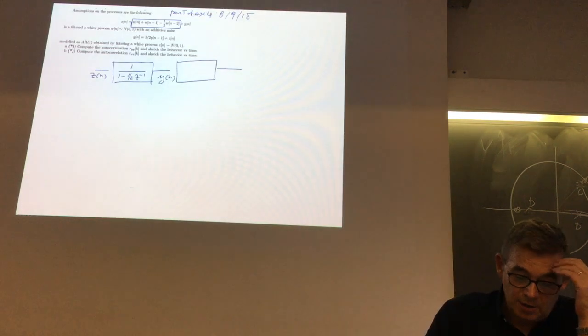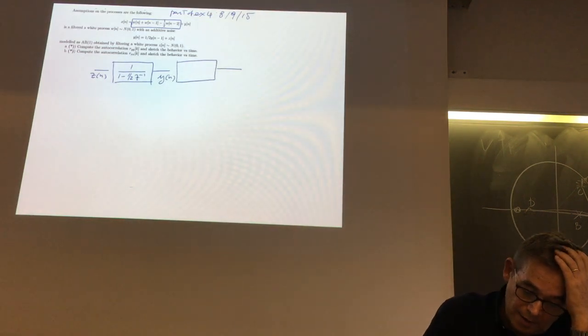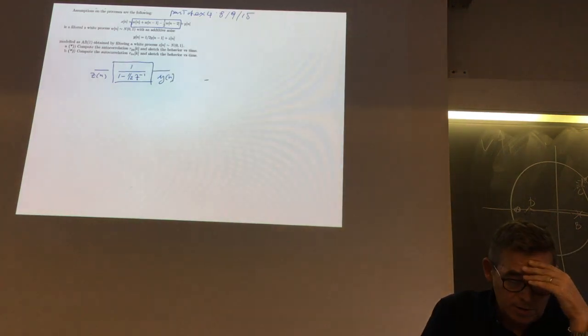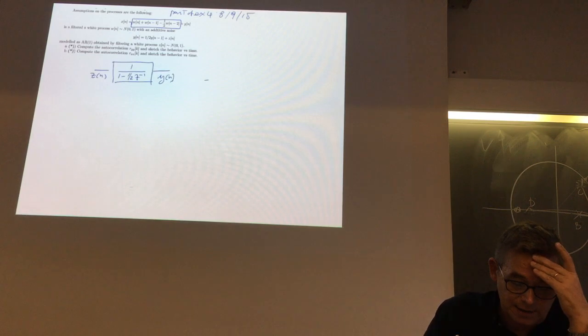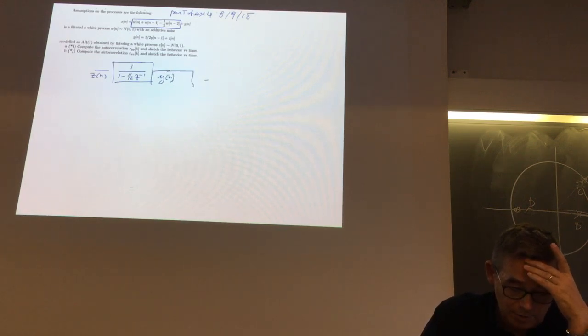Now assuming the random process xn is equal to w plus y, there is a filtered version of the y process with an additional additive noise. So y is that, and then I have a w which is a filter.